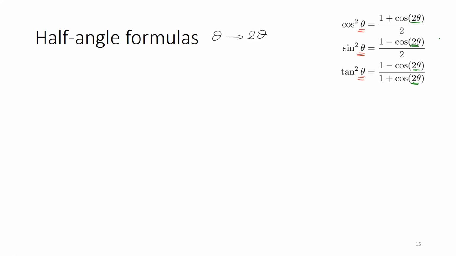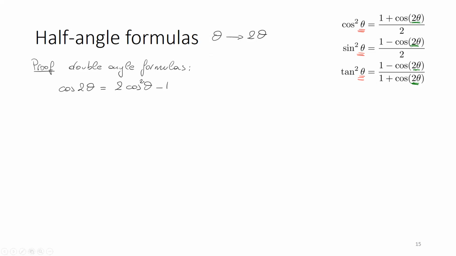We're not going to derive all of these formulas. Let's maybe just do one. So how do we prove these formulas? Well, let's start from the double angle formula, where we had cosine 2 theta is equal to, for instance, 2 times cosine squared theta minus 1.